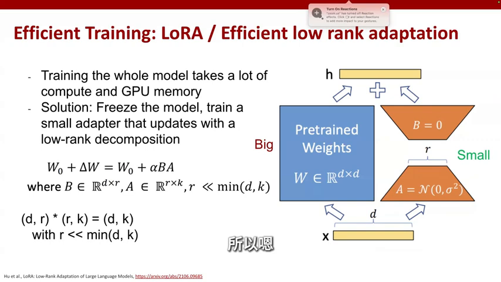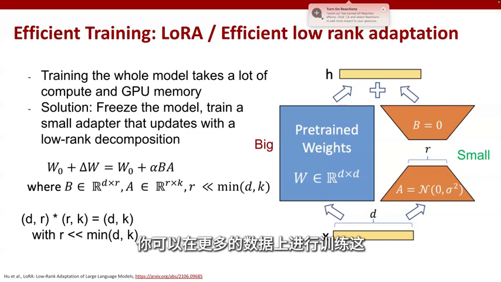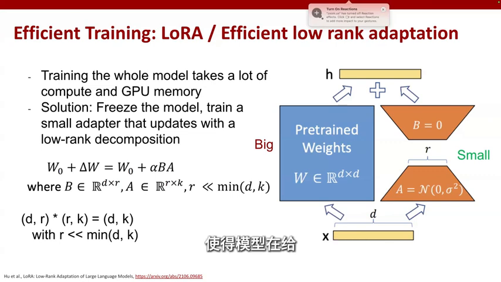So nowadays people have found that the most improvement you will see comes after you make the model more efficient, and then you can train it on more data, which makes the model better with a given fixed set of compute.